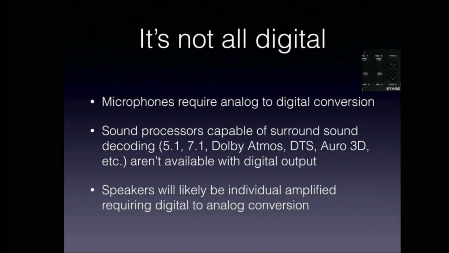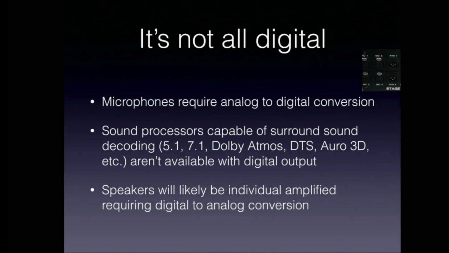The other big problem we ran into is if we want to use existing soundtracks, most of the sound processors that can decode 5.1 surround, 7.1 surround, Atmos, Auro 3D, are not available with digital output. So in fact, we had to get a high-end decoder.